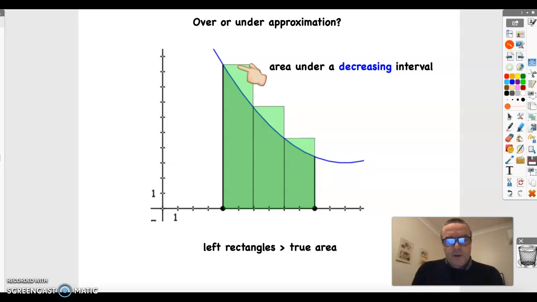You can see the left-hand corner of each rectangle is touching the curve. Because the curve itself is decreasing, the left rectangles are always going to be greater than the true area. And so our estimate here is an overestimate.